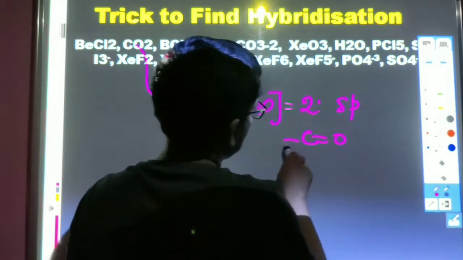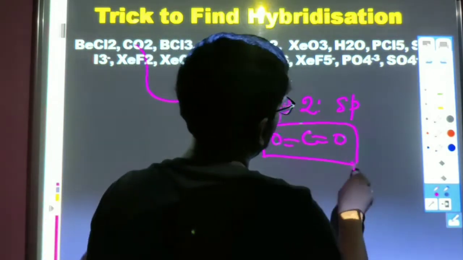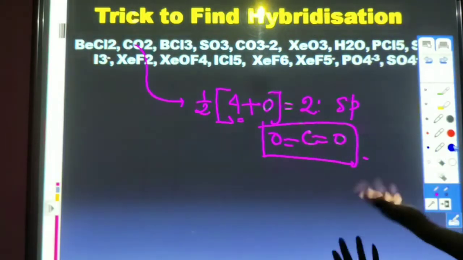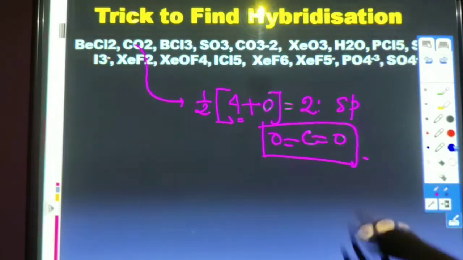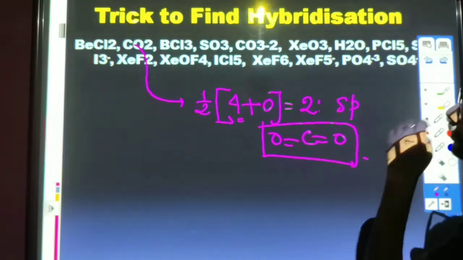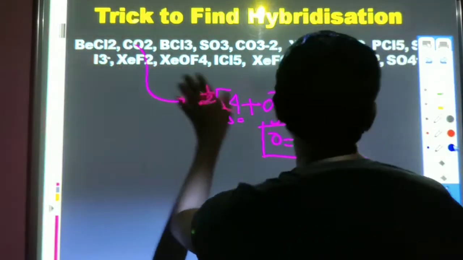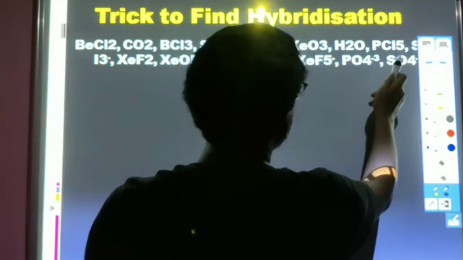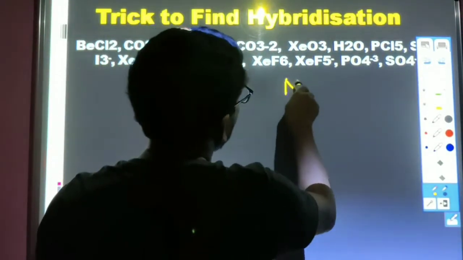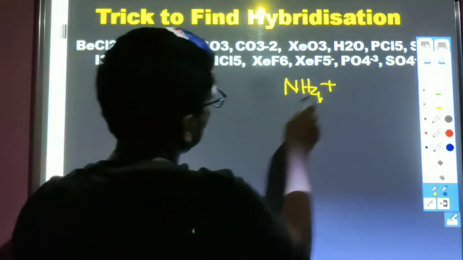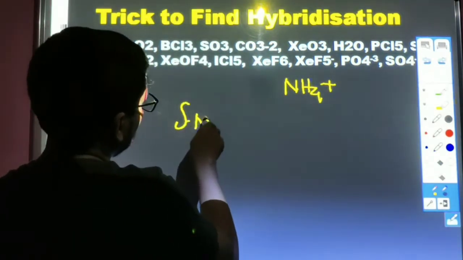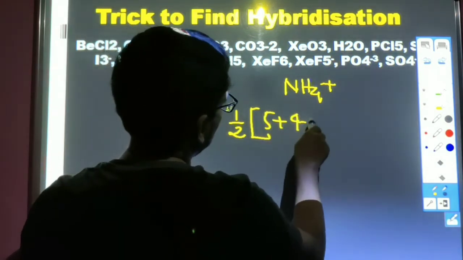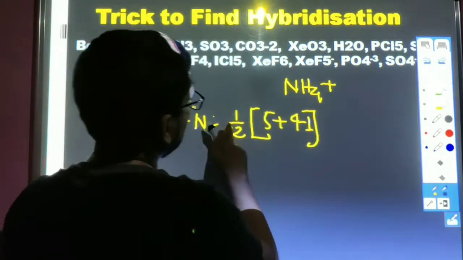So this will be the structure. From here also you can calculate the hybridization of carbon. Now take any molecule, like NH4 plus. Steric number is half of 5 plus 4 minus 1, so 8, 4.